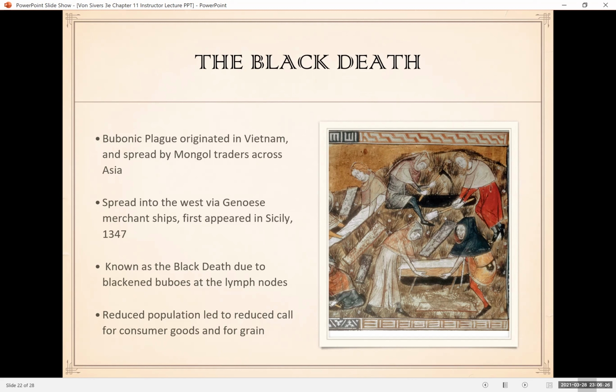So if an infected flea bites someone, it gets into the lymph system and starts swelling up the lymph nodes. The lymph nodes in your throat, right underneath your jaw, the lymph nodes underneath your arm, and the lymph nodes in your groin. With the bubonic plague, these would swell up to the size of oranges, apples. I mean, they were huge, and they turned black. They were horrible stretching of skin.